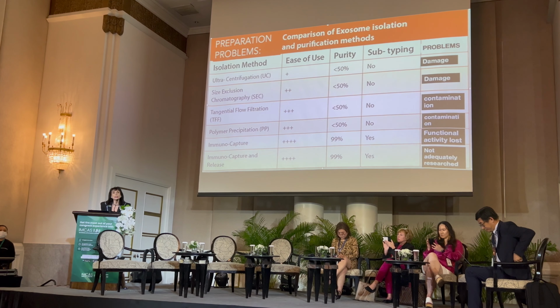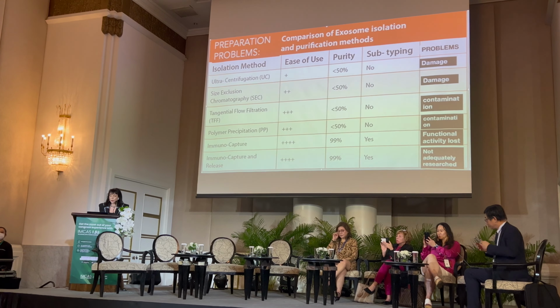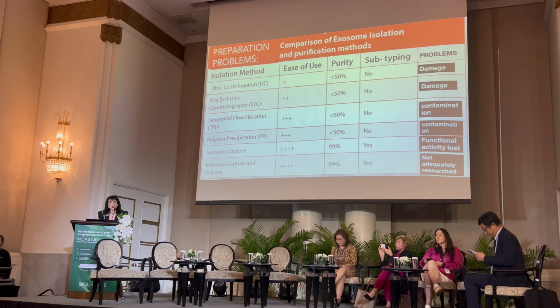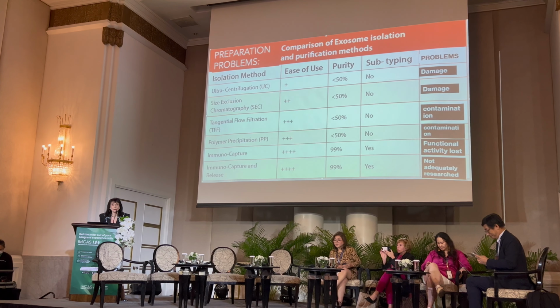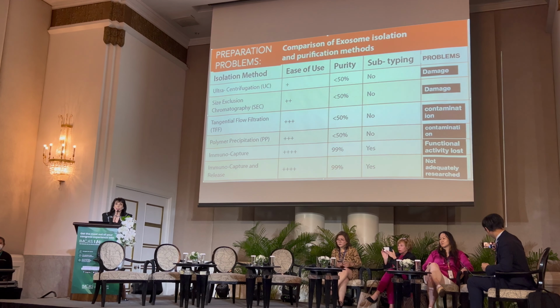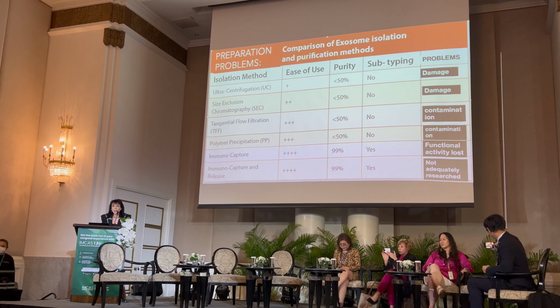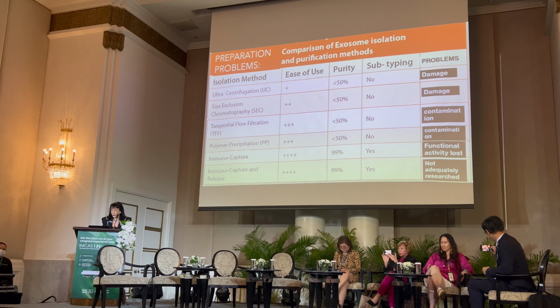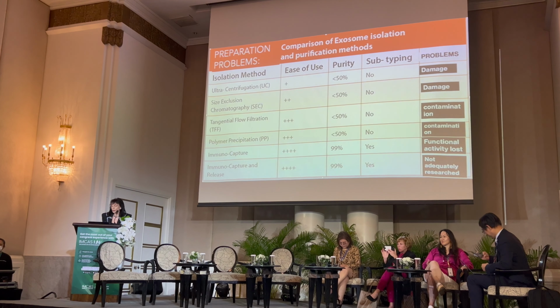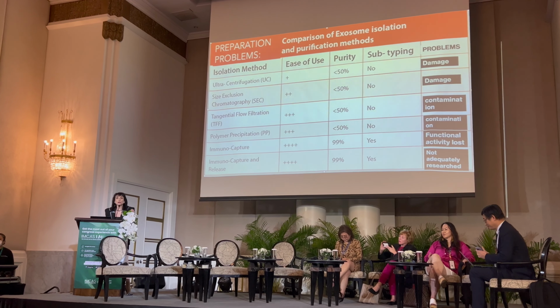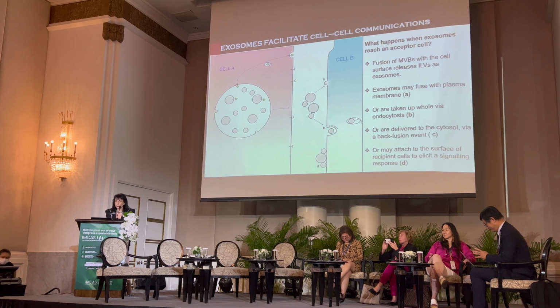So a lot of the methods that offer the highest purity, 99% purity, are not very well researched. As you can see, the UC method only has 50% purity. So the method of isolation of exosomes is very important.